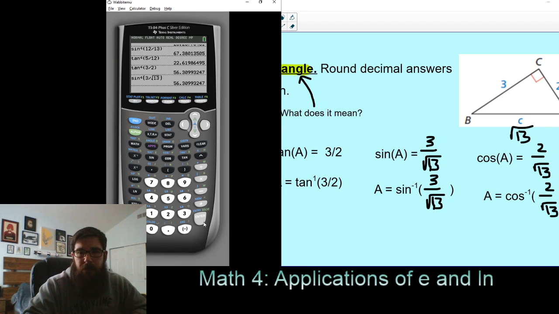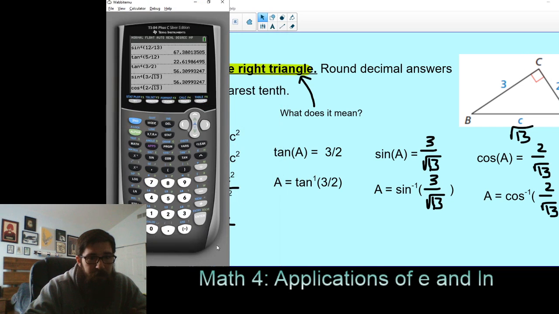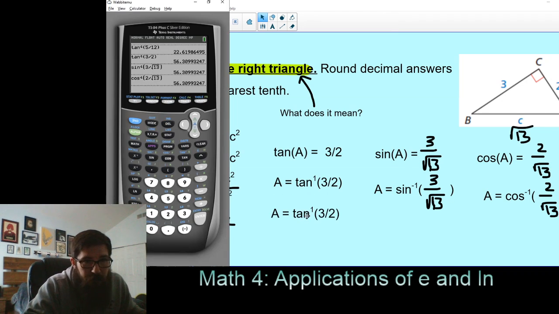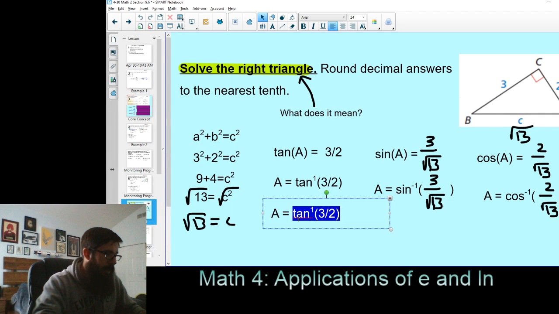Oh, we got 56.3. Okay. What if we were to do the inverse cosine then of 2 divided by the square root of 13? I'm basically just changing which trig function I'm using. And what do we notice? It doesn't make a difference, right? What does A come out to be? 56.3 degrees. We'll go with tenths for this. 56.3 degrees.